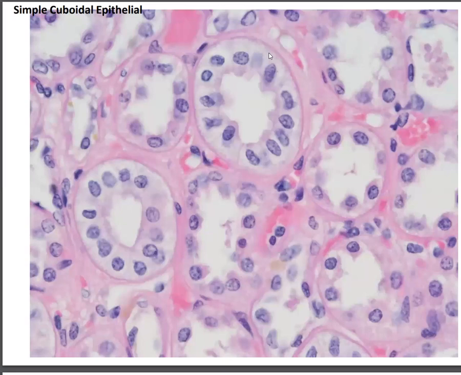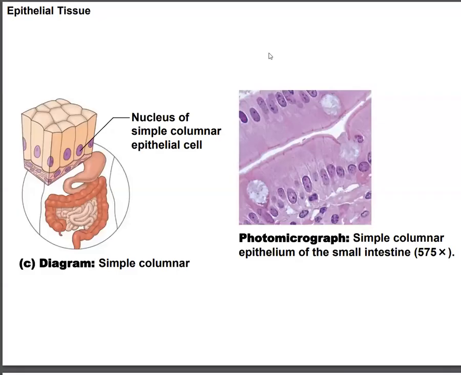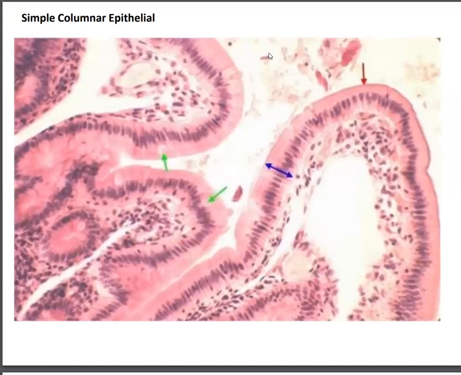Remember, if you see circles, it's going to clue you in that this is simple cuboidal epithelium. The big tissue category is epithelial, and the specific tissue name is simple cuboidal epithelium. This one, the nuclei look like they're soldiers marching in an extremely nice and neat line.